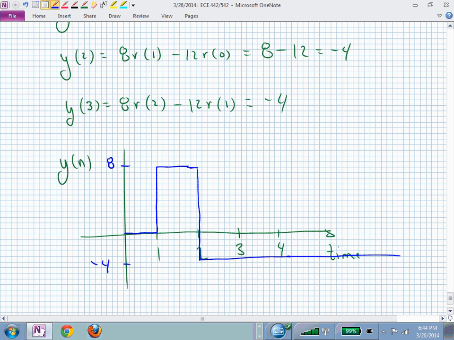I have a pole outside the unit circle, don't I? Well, you saw that already earlier, right, with the trip. But I may do this offline. I may do that example offline, and you can watch it.